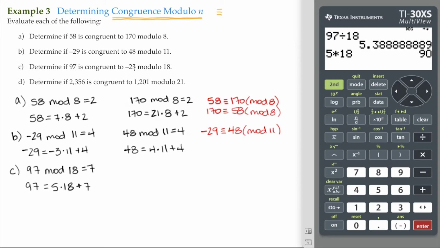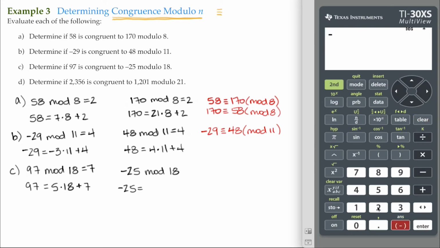We'll then do negative 25 modulo 18, that's negative 25 using the division algorithm. Now don't forget that we have a negative here. So when I divide negative 25 by 18, we round this down to negative 2.